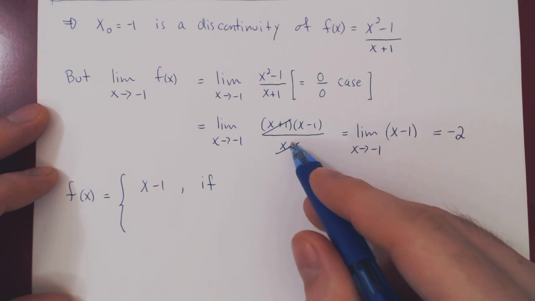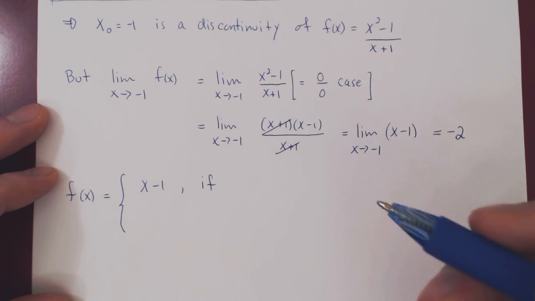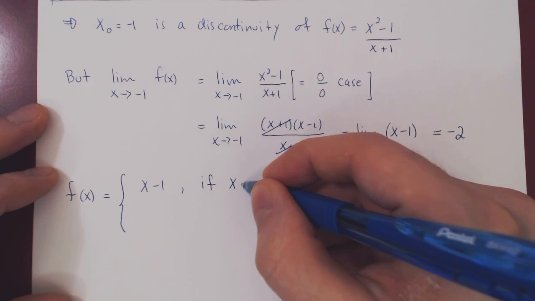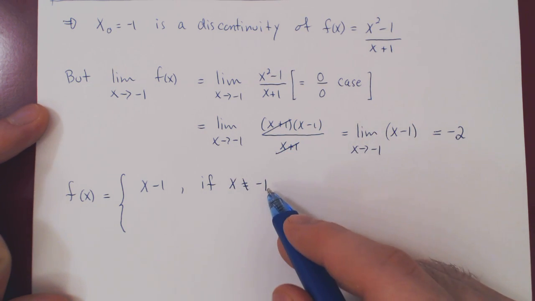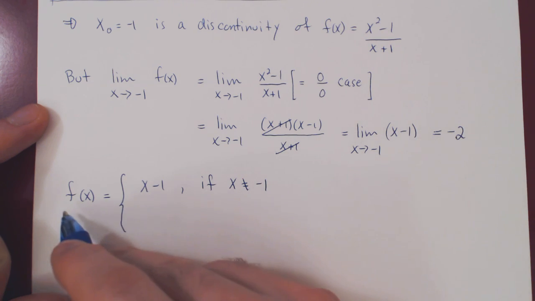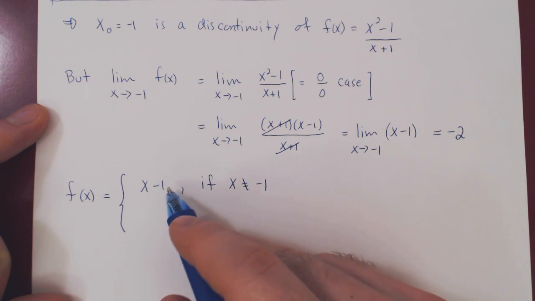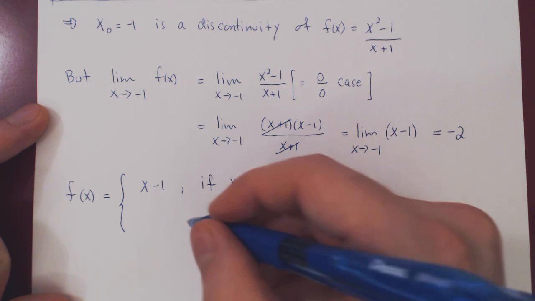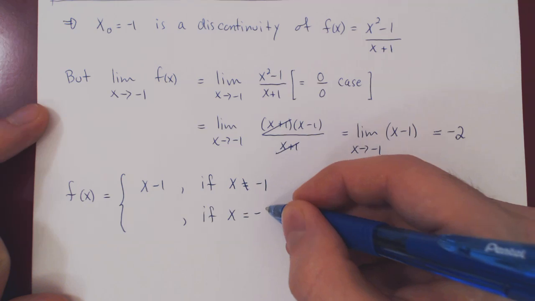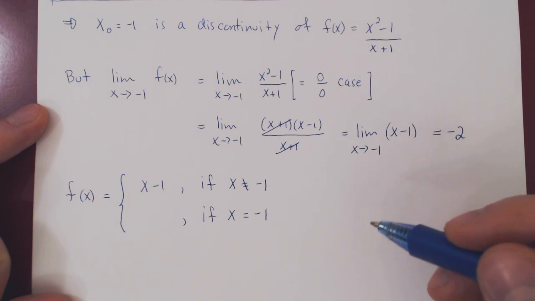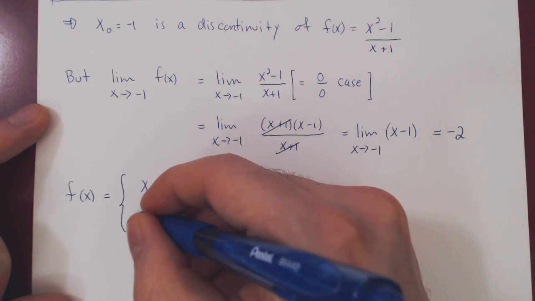Of course, as long as x plus 1 is not 0, and so as long as x is not equal to negative 1. So for any value of x aside from negative 1, our function is simply the linear function x minus 1. And as we have already seen, if x equals negative 1, the function gives us 0 over 0, which is undefined.